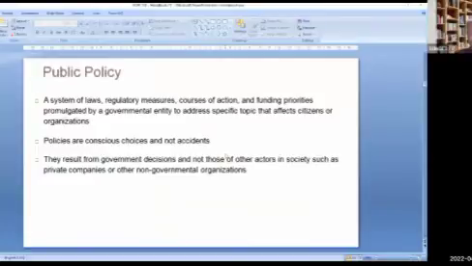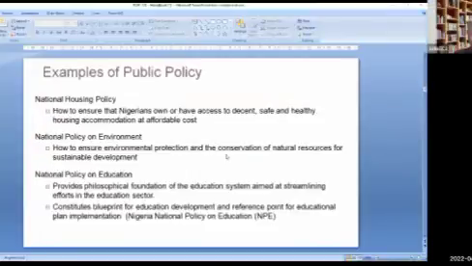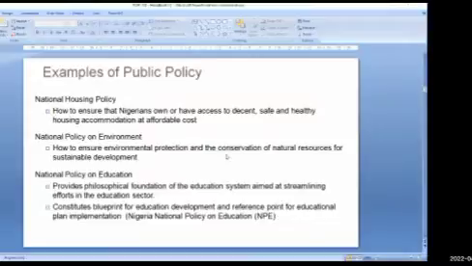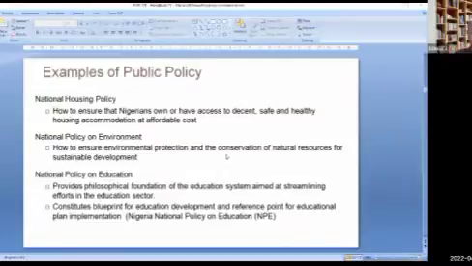Have you seen this? Public policy. Yes, we can, sir. So I've talked about that. Then examples of public policy: national housing policy, national policy on environment, national policy on education.